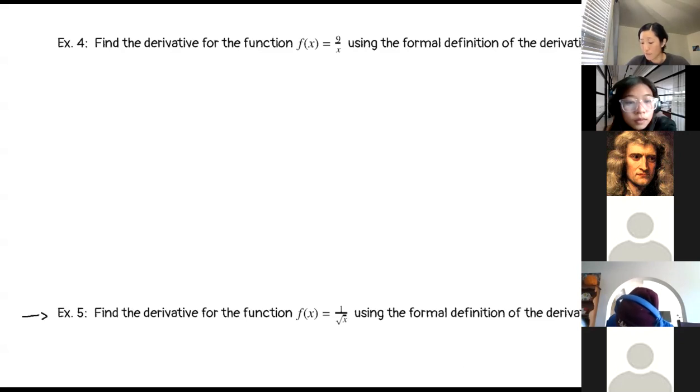It says find the derivative for the function 9 divided by x using the formal definition of the derivative. And so when we see that formal definition, just like we did with the last 2 examples, we're going to start by writing out that formal definition.